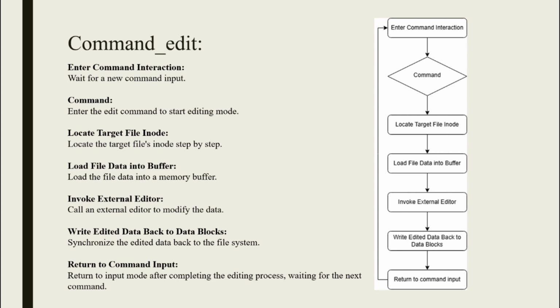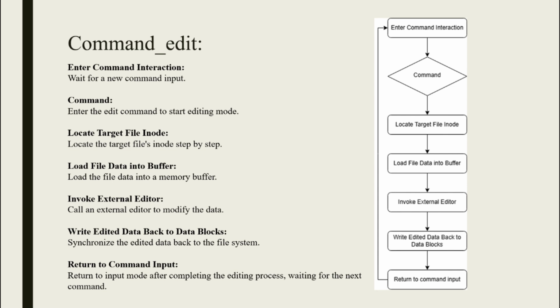So next, we will introduce the command process for edit, starting with a brief explanation of the architecture diagram. Enter command interaction. This is the stage where the system waits for the user to enter specific commands. Then, locate target file inode.